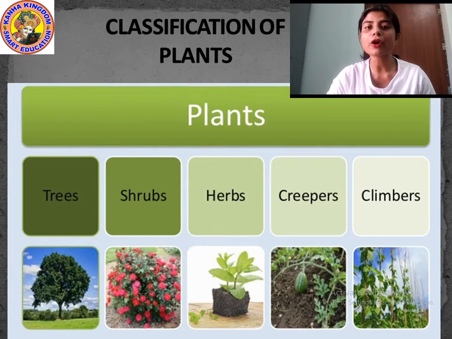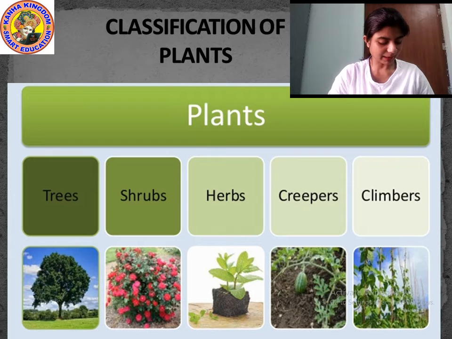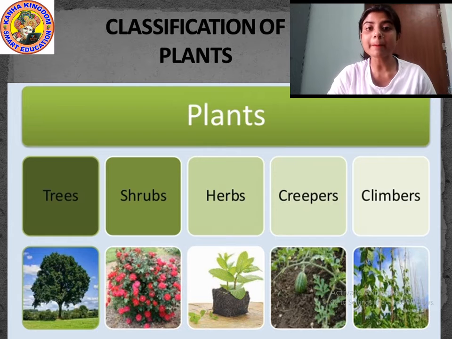Examples of creepers are strawberry plant, watermelon plant, pumpkin plant. These are called creepers.